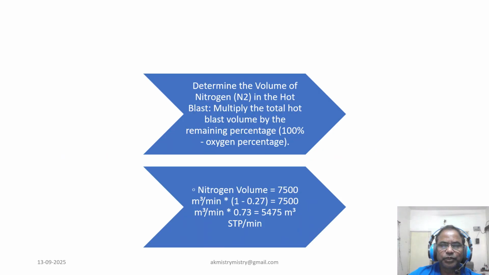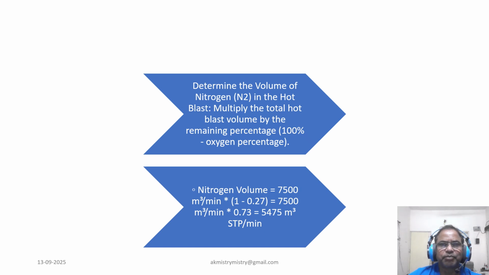Now coming to the nitrogen volume in the hot blast. We calculate the nitrogen volume in the hot blast using the remaining percentage, that is 100 minus 27%, which gives you 73%.